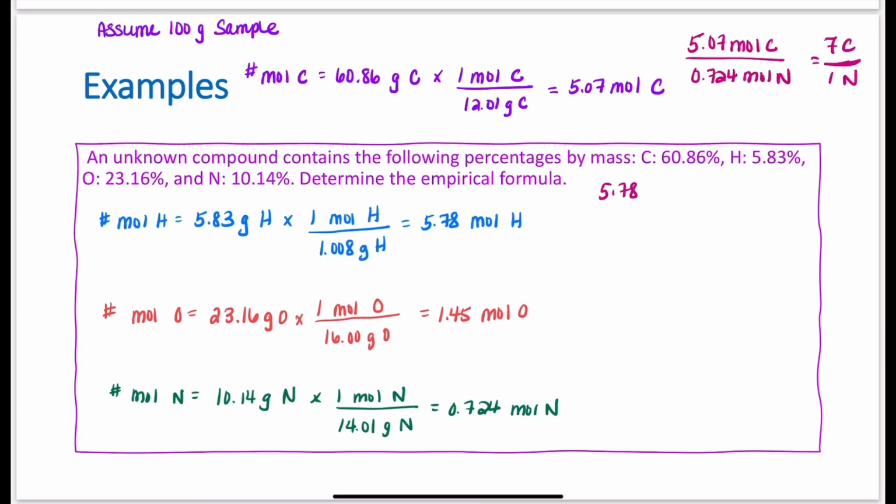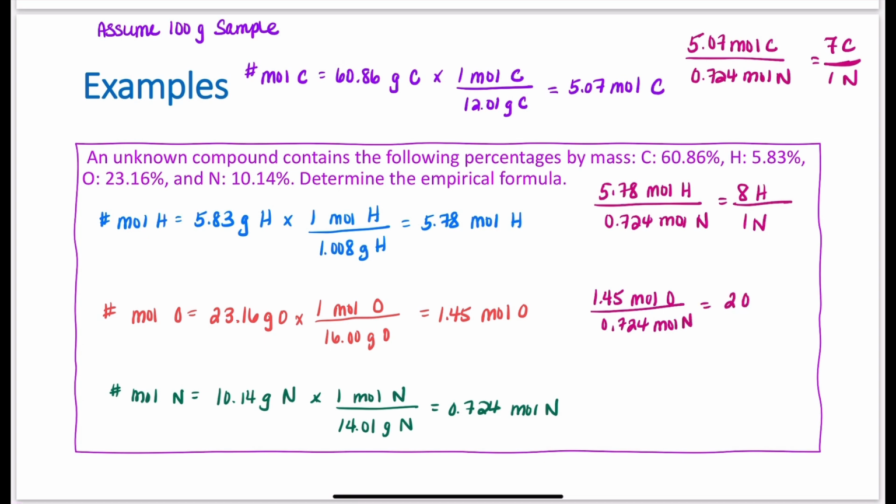Hydrogen, I've got 5.78 moles of hydrogen to every 0.724 moles of nitrogen. This gives me a value of 8. So that means 8 hydrogen for every 1 nitrogen. And I've got 1.45 moles of oxygen to every 0.724 moles of nitrogen.